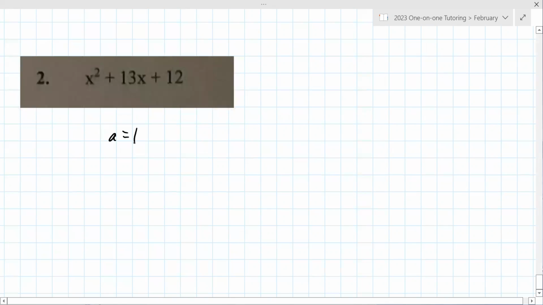So you're trying to find two numbers that multiply to 12 but add up to 13.